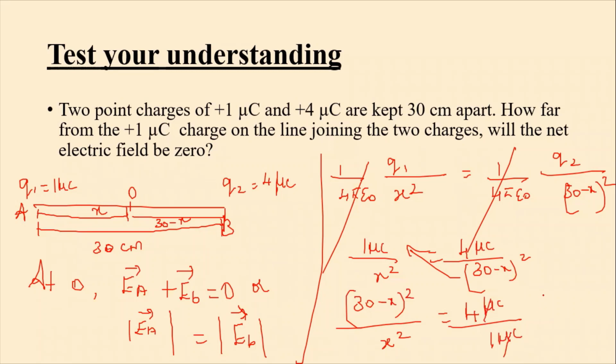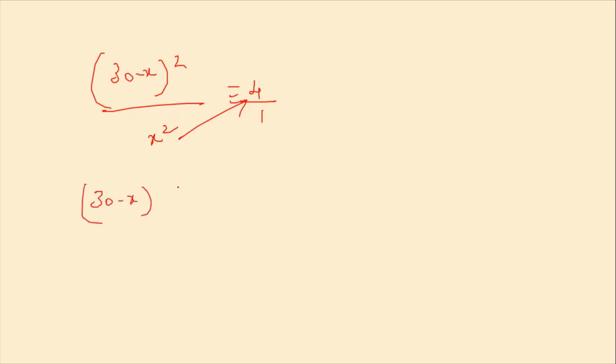So now 30 minus X the whole square divided by X square will be equal to 4 by 1. Now cross multiply. You will get 30 minus X the whole square is equal to 4X square.